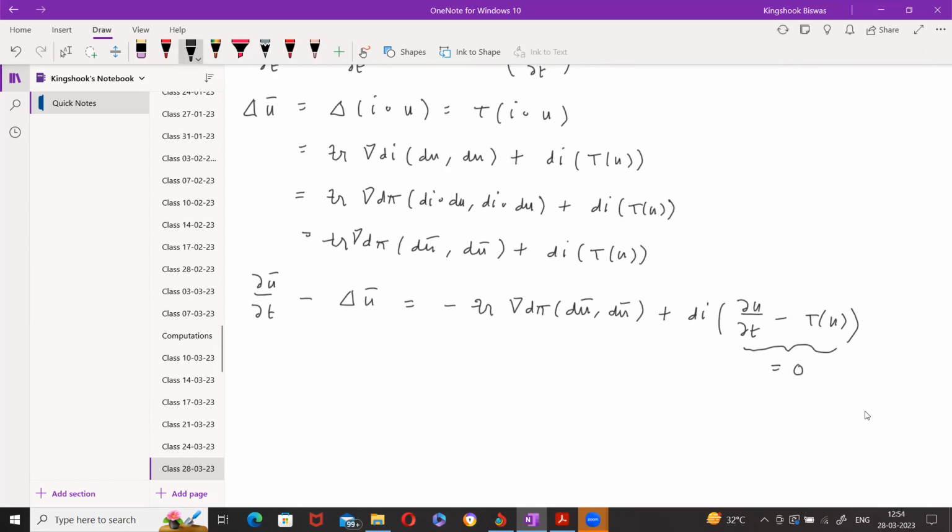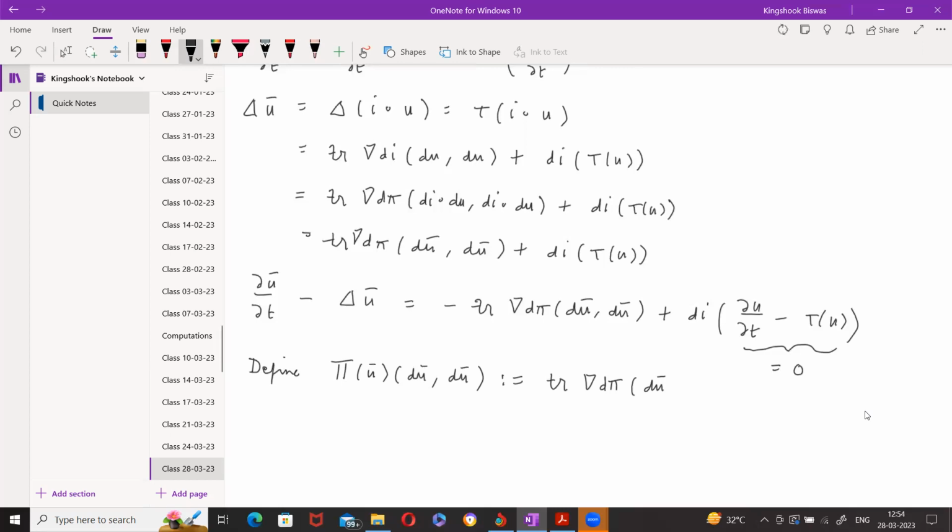So let me define, this is just a notation, pi u bar of du bar, du bar.